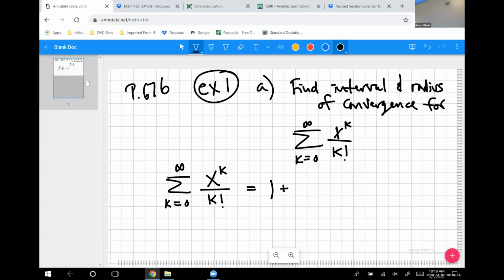When k is 1, then you have x to the 1 power divided by 1 factorial, which is 1, so you have x. When k is 2, you have x squared divided by 2 factorial. Then you have x to the 3rd divided by 3 factorial, etc.